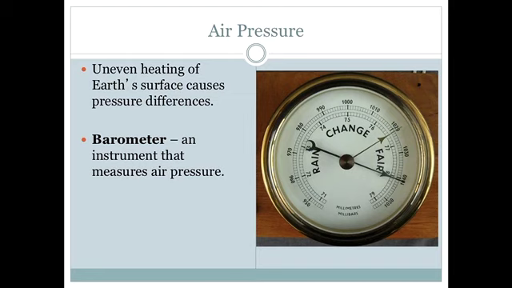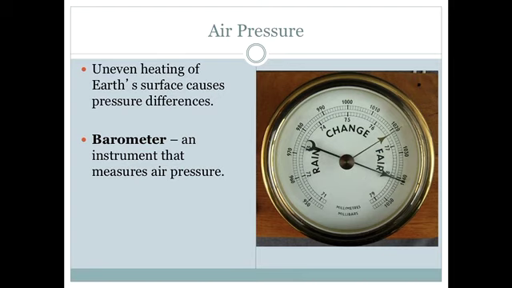If you say hotter, you are correct. Is it colder or warmer at the poles? If you said colder, you are right. Because the sun's energy doesn't reach the poles as much as it does at the equator.